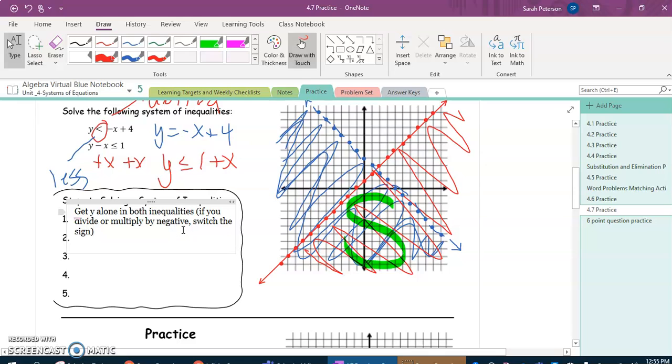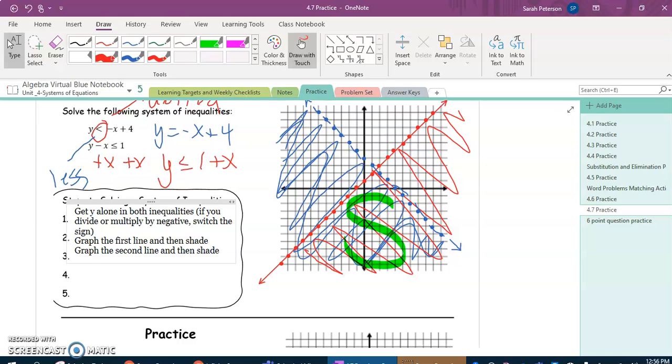The second thing you want to do is graph the first line and then shade. Shade as soon as you're done graphing the first line. Then you want to graph the second line and then shade.